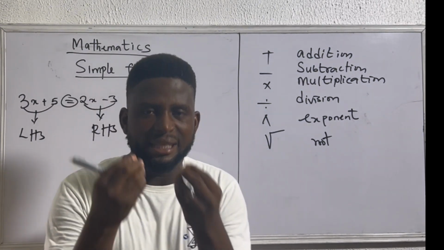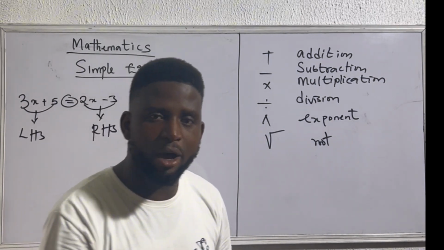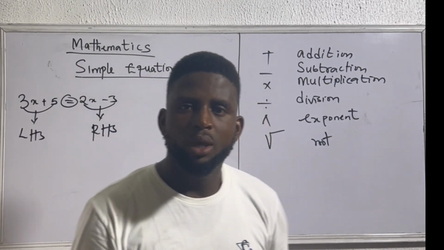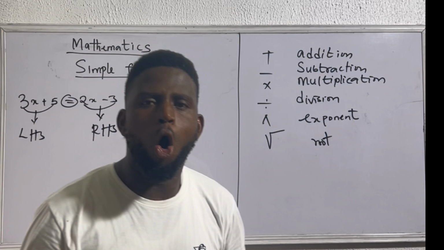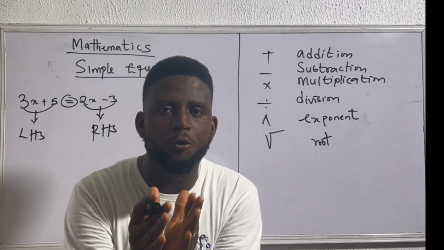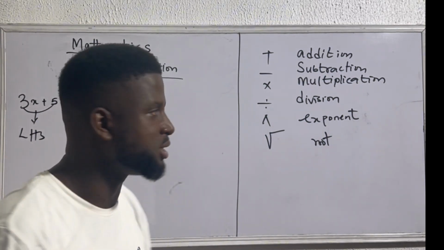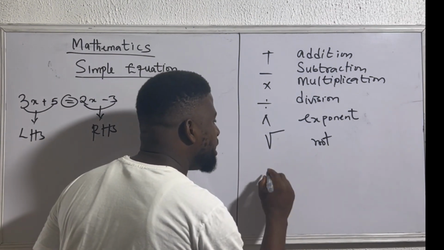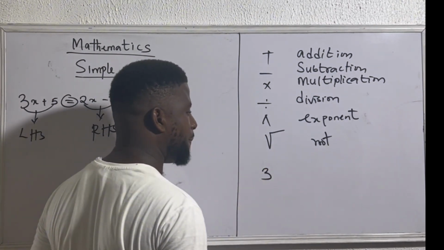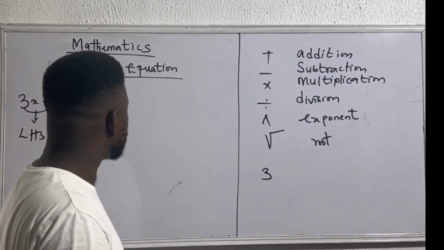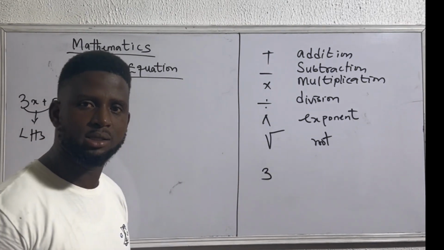So now, a term is either a constant or a variable, or the multiplication of a variable and a constant. So a term can either be a constant, say 3 for example. So 3 is a term in mathematics, right?